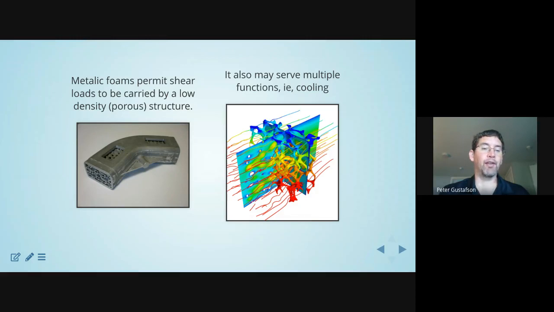Nevertheless, it simultaneously allows a flow of a coolant such as air or a liquid coolant through that structure. And this is the beginning of what I would call a multifunctional structure. So that metallic foam serves both a structural purpose and a thermodynamic purpose. This is one of the challenges that modern aircraft designers are faced with: how do we develop multifunctional structures?